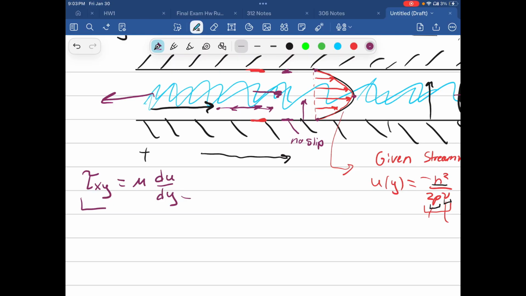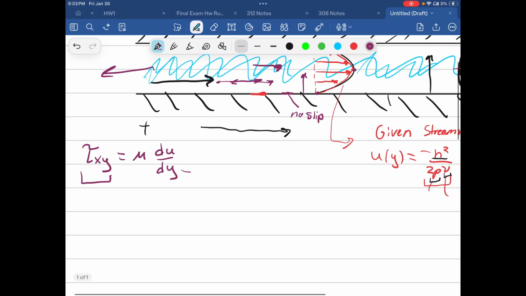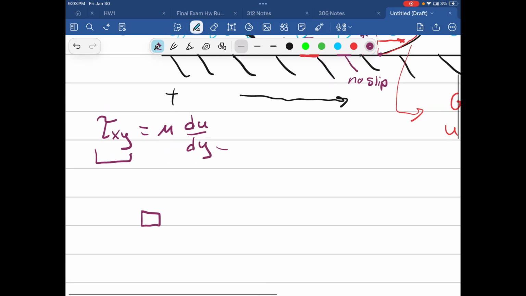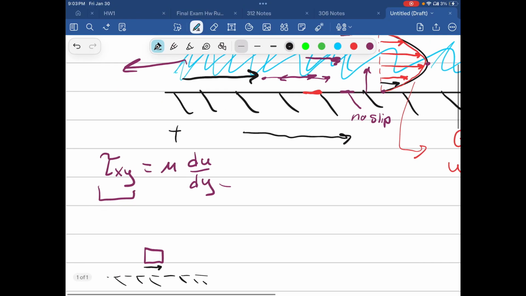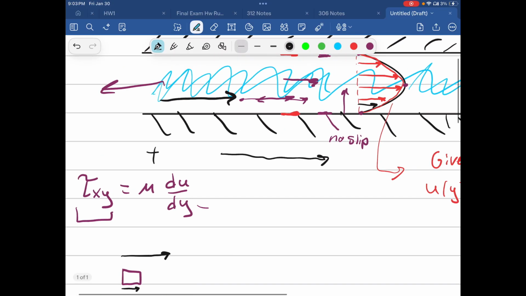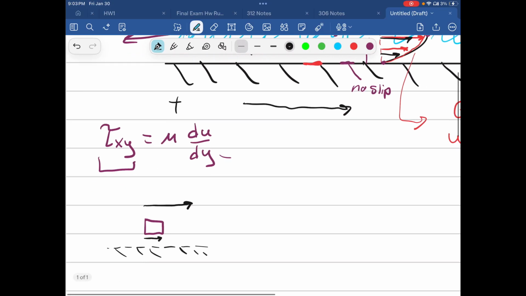So what does this here mean? This is our shear stress. And so if you look at a single fluid element, let's say this is the bottom wall right here, right? And we'll have a small velocity right here at the bottom. We notice here. And then we'll have a larger velocity up top above the fluid element.